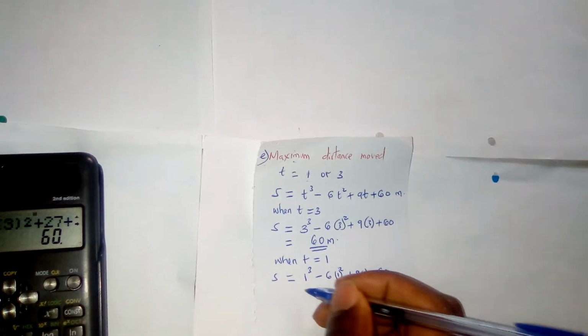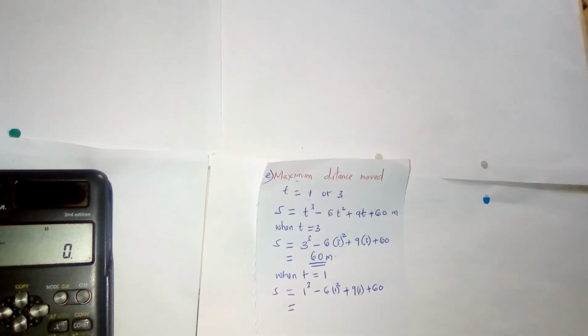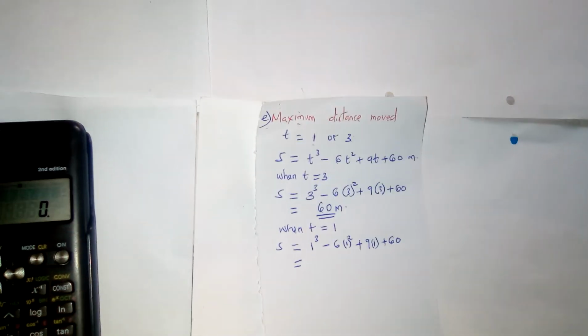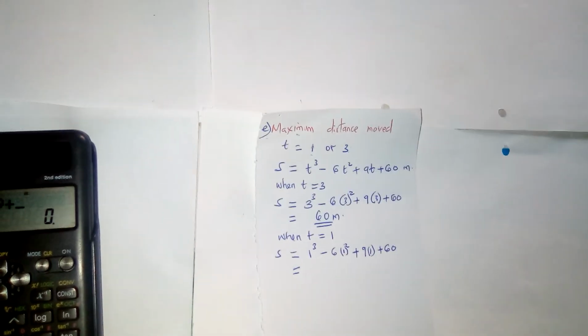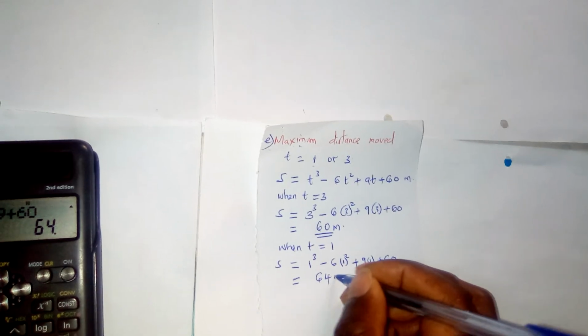So when you display this, I have 1 cube minus 6 into 1 squared, that is just 6, then plus 9 into 1, that is just 9, plus 60, which is a constant there, and I'll be having 64 meters.